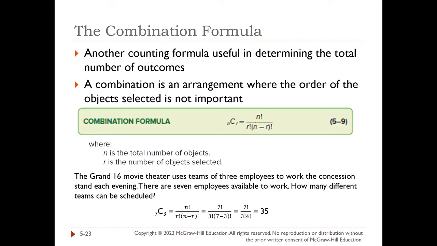Next formula, the combination formula. Another counting formula useful to determine the total number of outcomes. A combination is an arrangement where the order of the objects selected is not important.